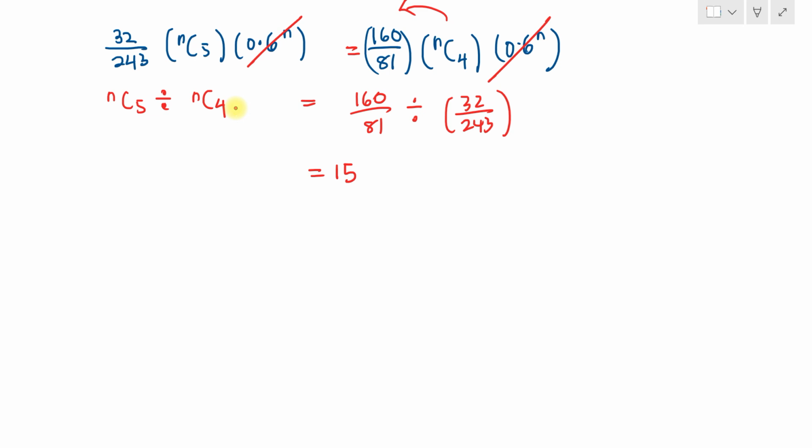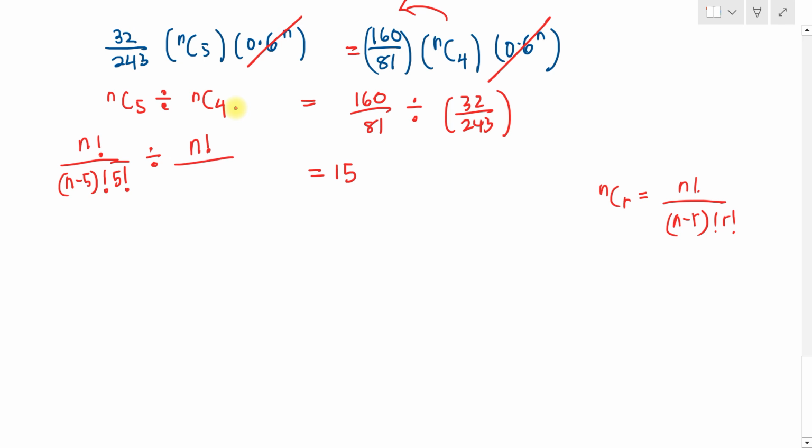So what is nC5? You must know nCr is what? n factorial over n minus r factorial and then r factorial. Let's try to do that. So n factorial over n minus 5 factorial and then 5 factorial, divided by n factorial over n minus 4 factorial and 4 factorial.